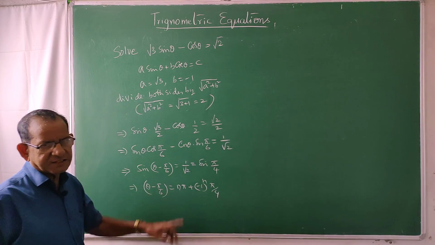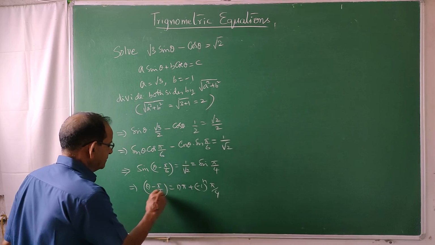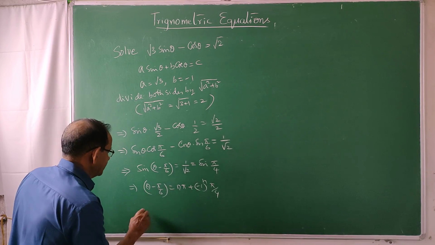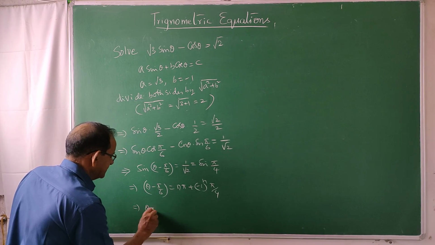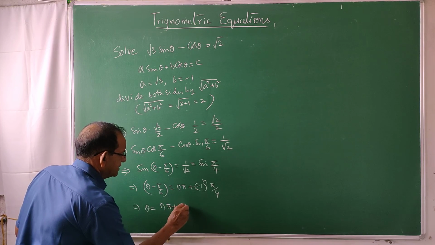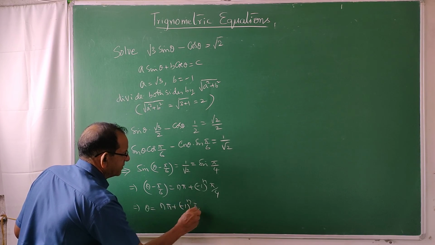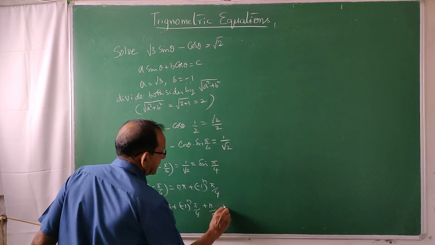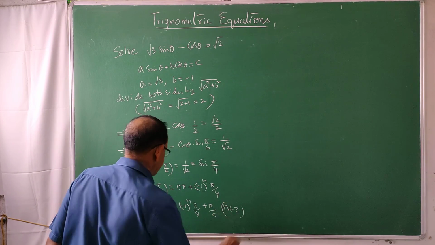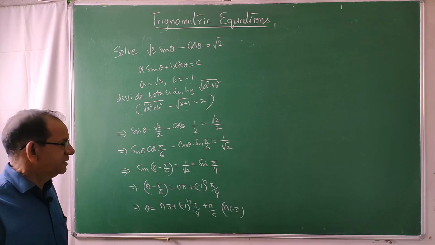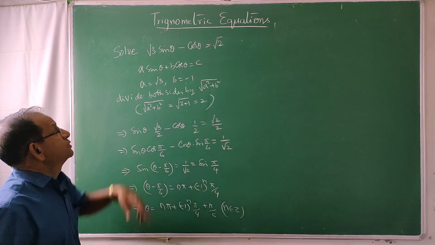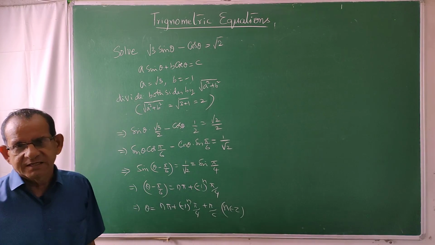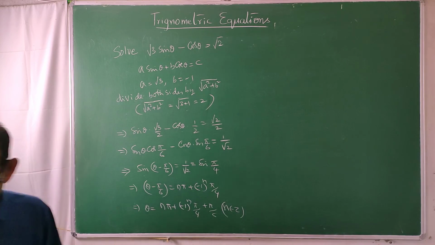Now bring pi by 6 to the right side. That implies theta is equal to n pi plus minus 1 whole power n into pi by 4 plus pi by 6. N is any integer, n belongs to Z. So this is the general solution for root 3 sin theta minus cos theta is equal to root 2.